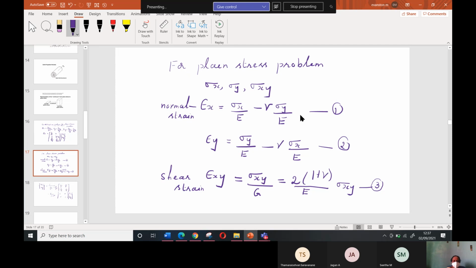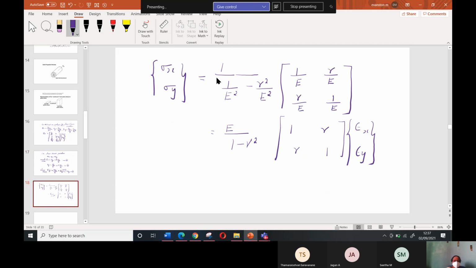If you multiply this one with mu, then these terms will go off, and you will get these two terms remaining. Like that we have done one problem now in the class, how to solve two simultaneous equations. The same way you have to solve it. When you simplify that, you will be getting sigma x and sigma y values like this.